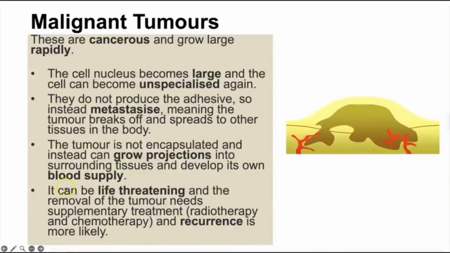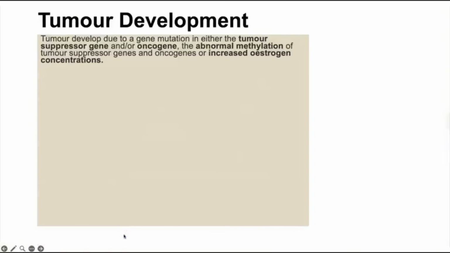But it's much harder to successfully remove the tumours because they're not encapsulated. It's very hard to tell if every single cancerous cell has been removed in surgery, and that's why surgery is often accompanied with radiotherapy and chemotherapy to potentially kill any cells that might have been left behind.